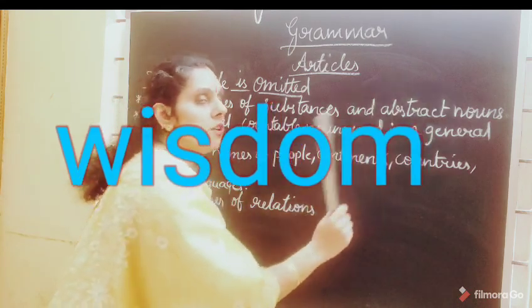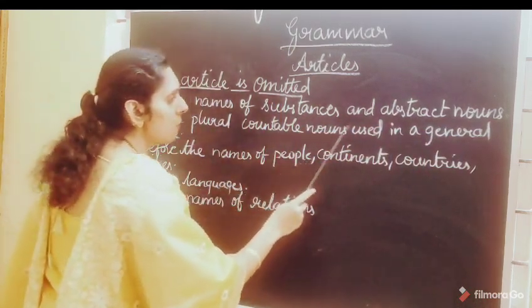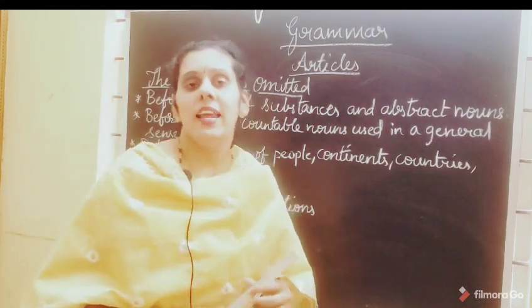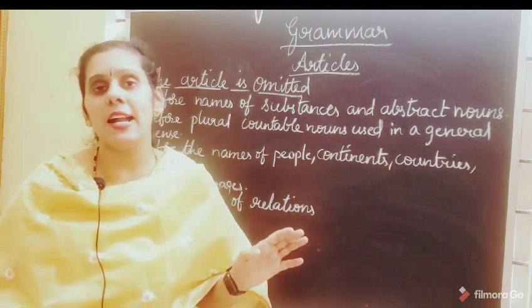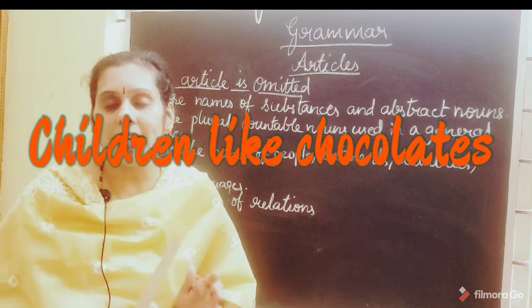Next, before plural countable nouns used in a general sense. Generally, children like chocolates. Here we won't use any article like "the", "a" or "an".